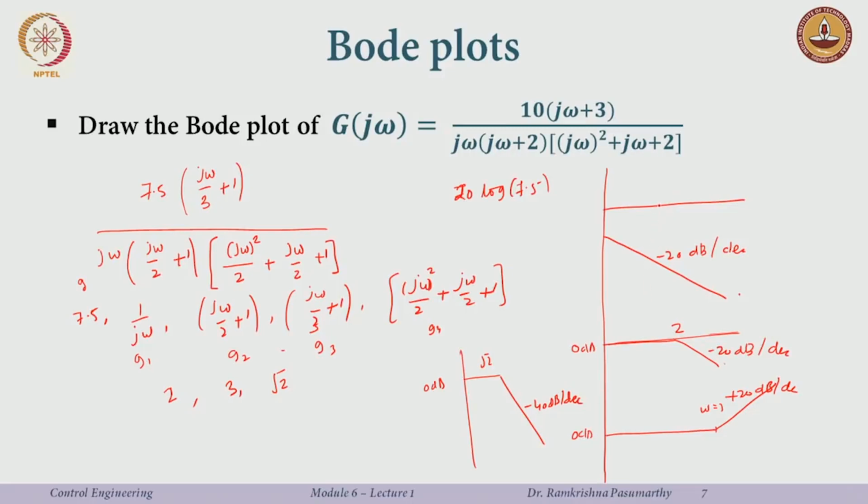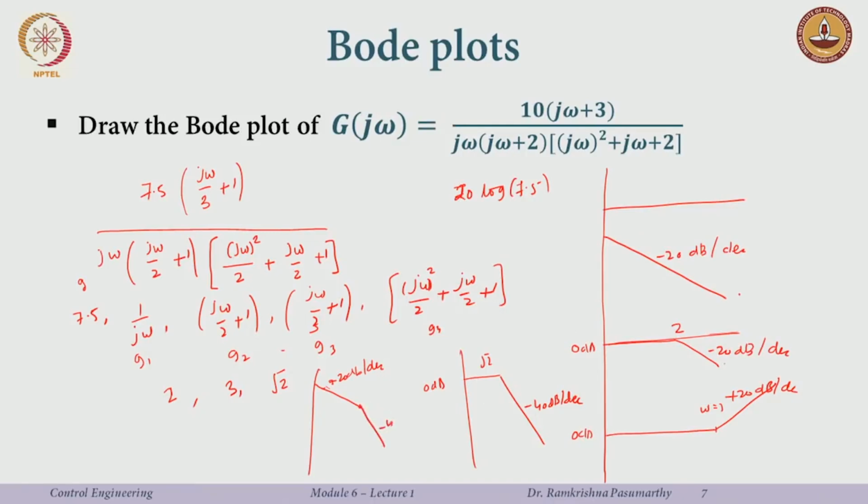Okay. So, now how will the overall plot look like? Overall plot would be the combination of all these 1, 2, 3, 4 and 5 lines. Okay. So, I start with, okay, this looks close to minus 20 decibels per decade until I reach the first corner frequency. So, this line is just a combination of these two, right. And after I hit the first corner frequency, my slope decreases further.